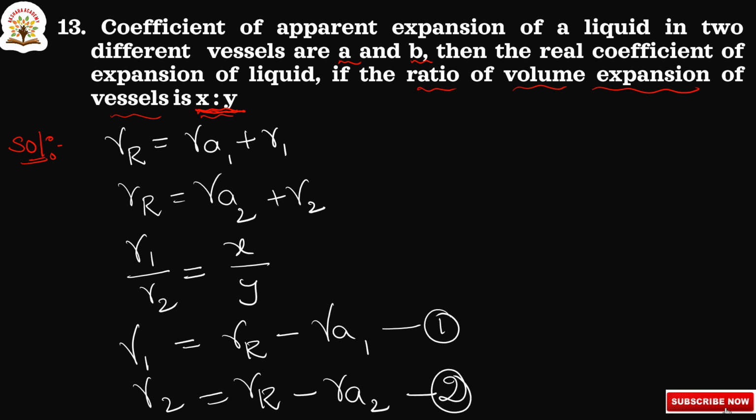Now next, equation 1 by equation 2. So we get gamma 1 by gamma 2 is equals to gamma r minus gamma A1 by gamma r minus gamma A2.